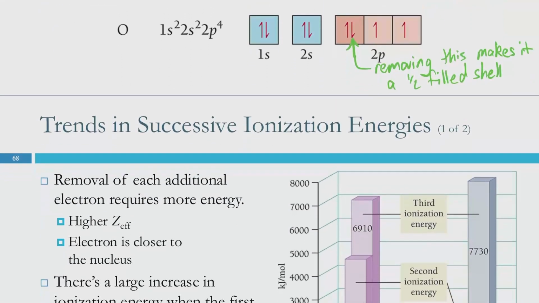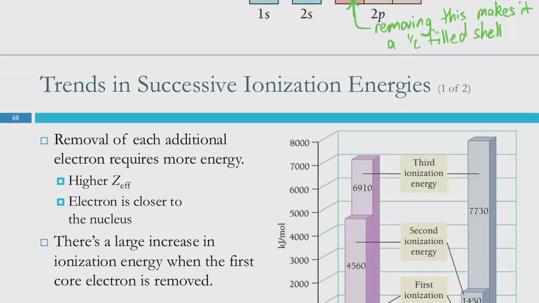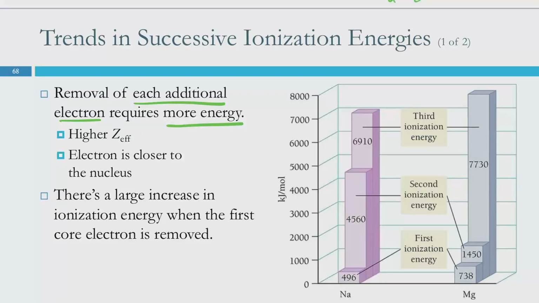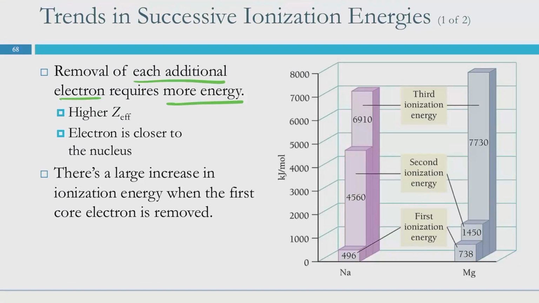If we go and do additional ionization energies, each additional electron requires more energy. So we've got a little bit of a 3D graph here, comparing sodium and magnesium. Up front we've got first ionization energy, behind it second, behind that third, and the value is measured in the height here.